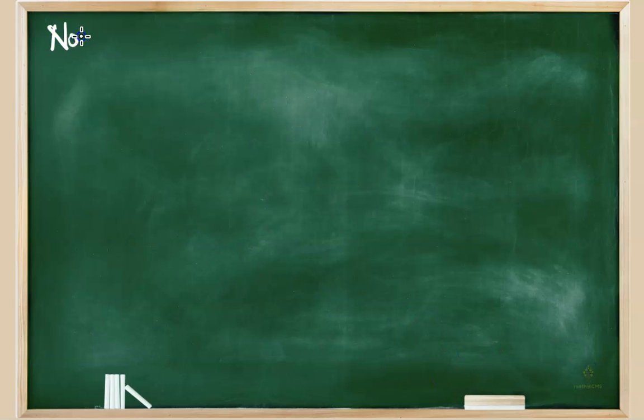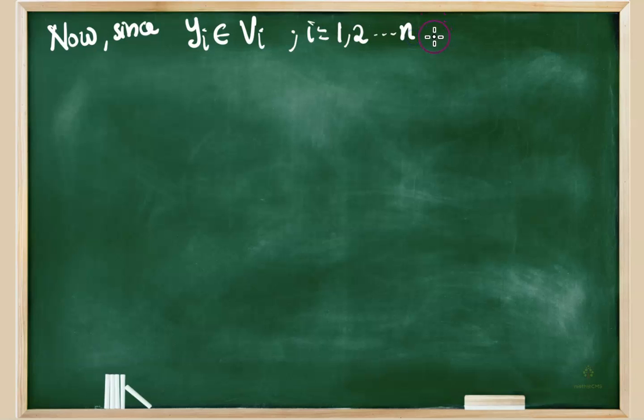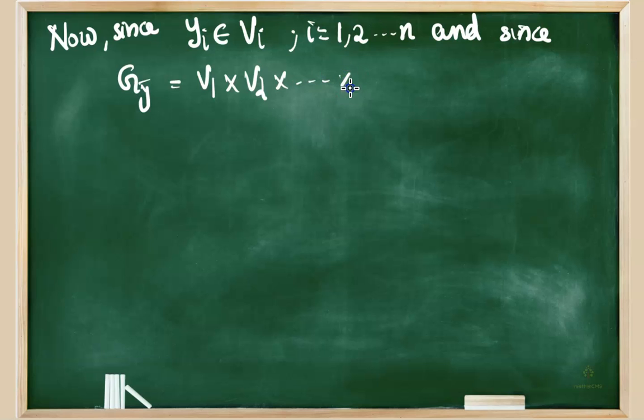Now, since yi belongs to Vi for each i varying from 1 to n, and since G_ȳ is the set V1 cross V2 cross etc. cross Vn, that is, y1 belongs to V1, y2 belongs to V2 and so on, yn belongs to Vn.